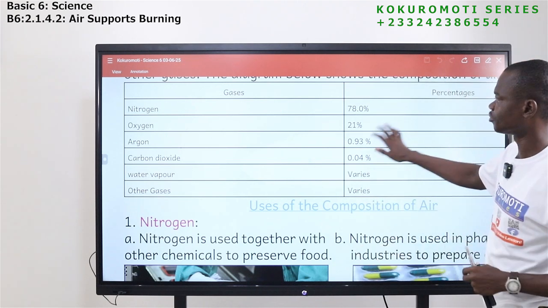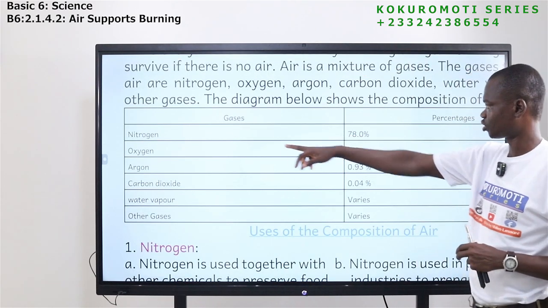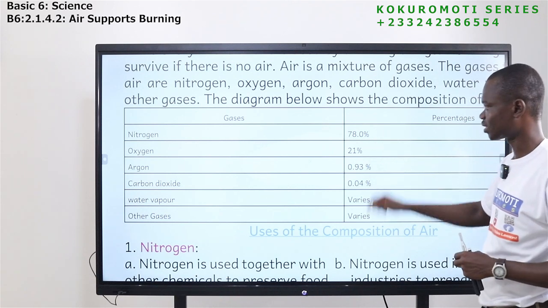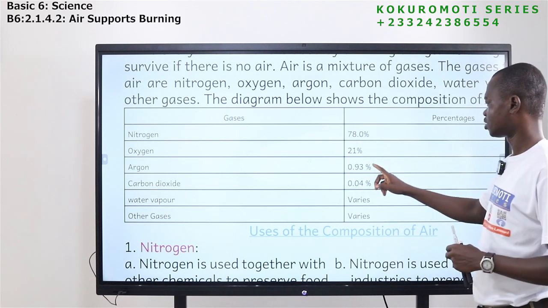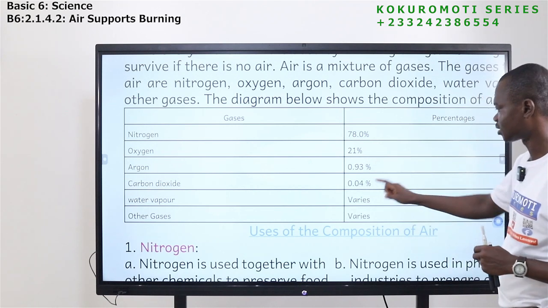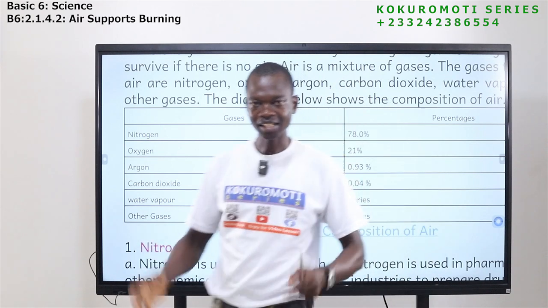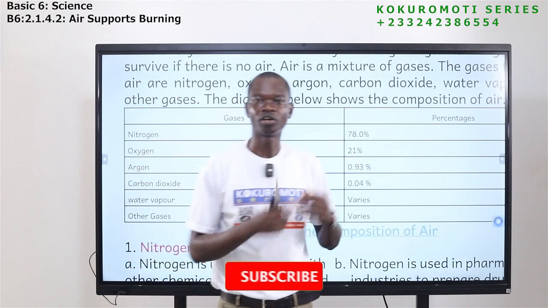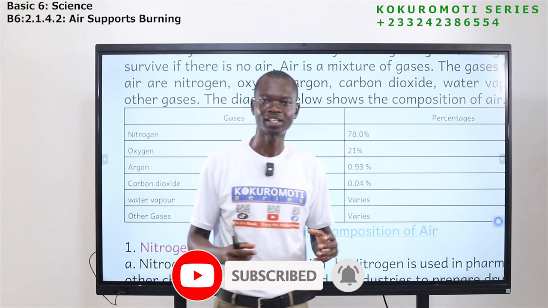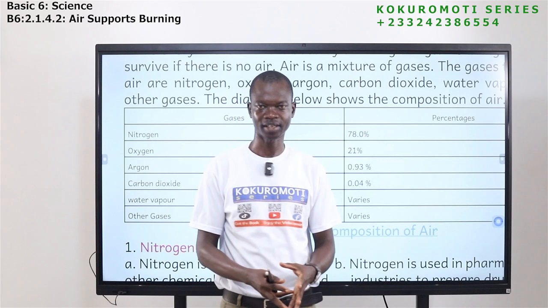Okay, now the one with the highest percentage is nitrogen, which is 78%, followed by oxygen 21%, argon 0.93%, and then we have carbon dioxide 0.04%. So in an examination, if you are asked to give or write a component of air, we are talking about different parts that come together to form air.